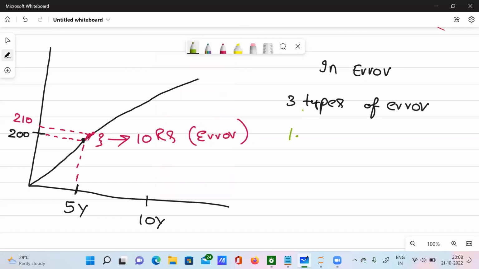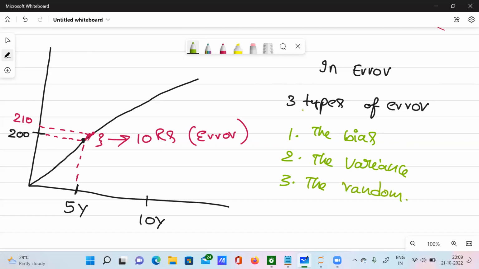The first one is the bias error. The second one is the variance error. And the third one is the random error. Okay, so these are the three different kinds of errors.